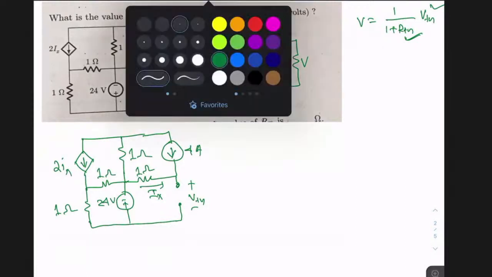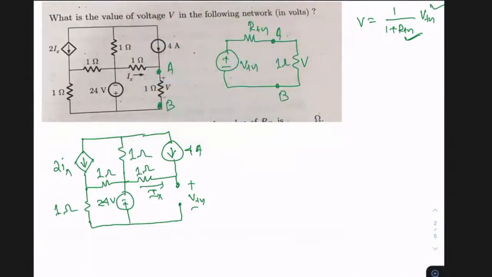Here, if you see, the current in this direction is 4 ampere, right? At this node, because this path is open, the same 4 ampere will flow this way. Yes or no? So if I ask what is the voltage across this 1 ohm resistor, with plus, minus polarity, current is 4 and resistance is 1, so it is basically 4 volts.